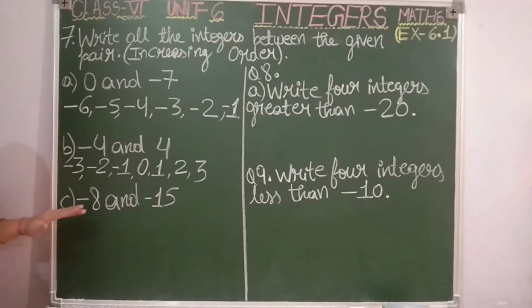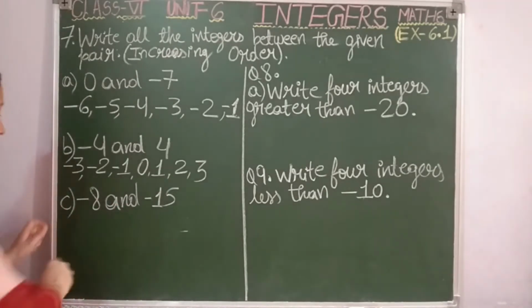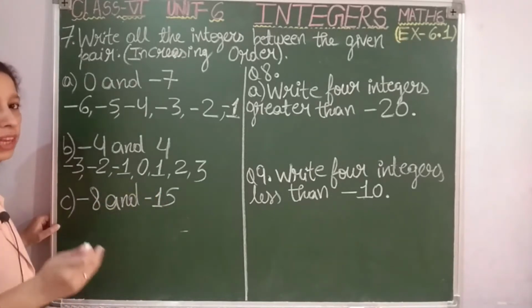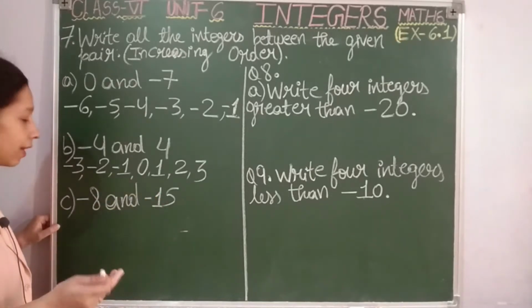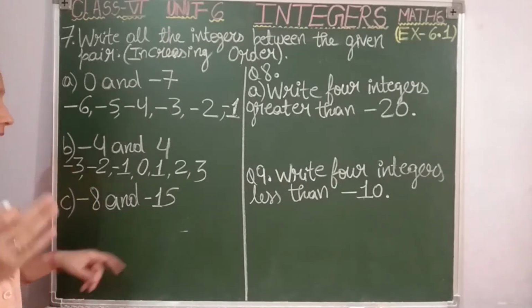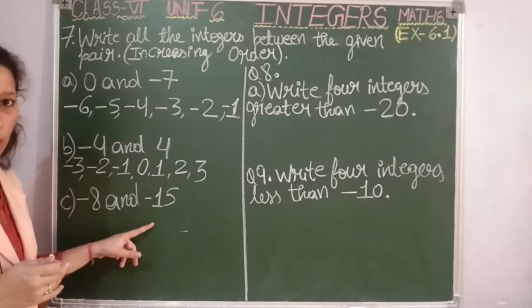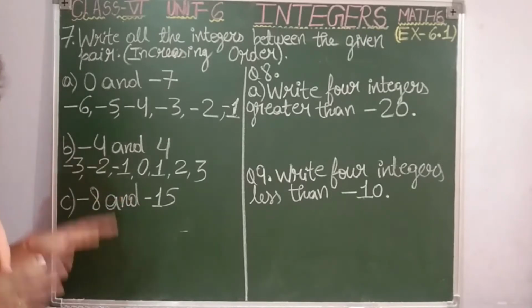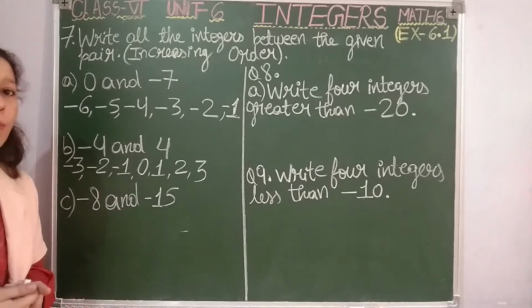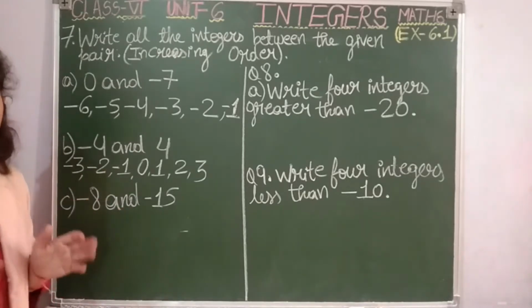Okay, point number C: minus 8 and minus 15. So same pattern here also. Between minus 8 and minus 15, how many integers come, that you have to tell. So students, after minus 8 it will be minus 9, then minus 10, and then we will reach up to minus 14, isn't it? But first think, which number is the smallest? Minus 9 is smallest or minus 14 is smallest? Minus 14 is smallest.